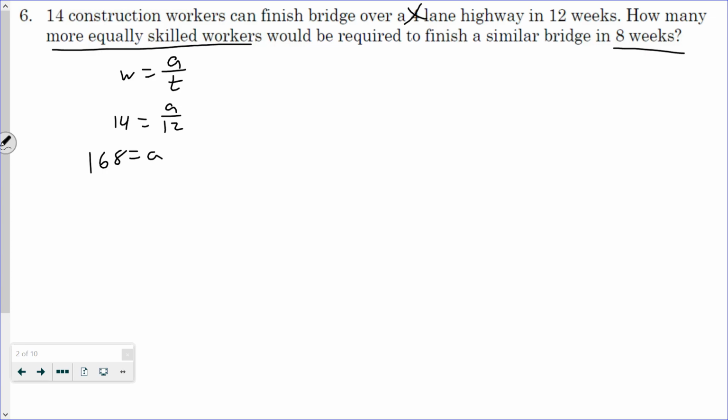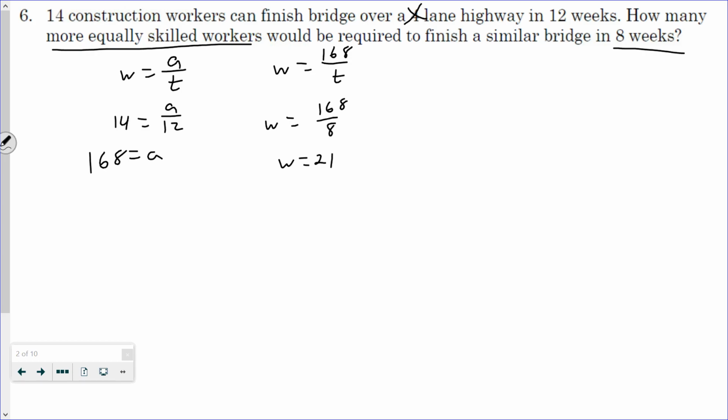So I can put this back in and say W equals 168 all over T. And then from there, I'm going to plug in my T of 8. I get W equals 168 divided by 8, and when you put that into a calculator or whatever you want, you get that W is 21.